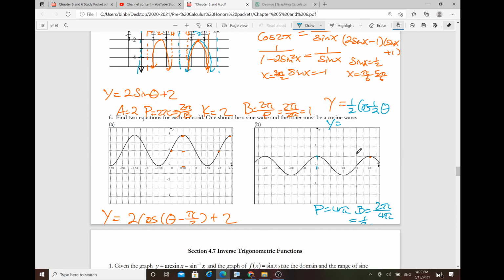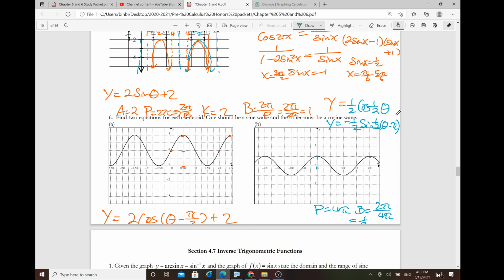So it's negative 1/2 sine of 1/2 times theta, and then minus pi. Okay, for that one.